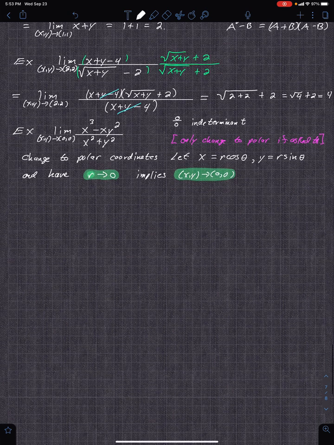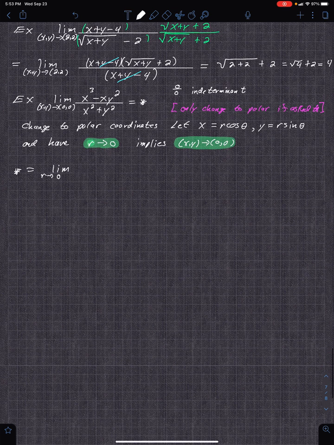So you do your substitution, and you get all of this. You get the limit, and now we're going to say just r approaches 0.